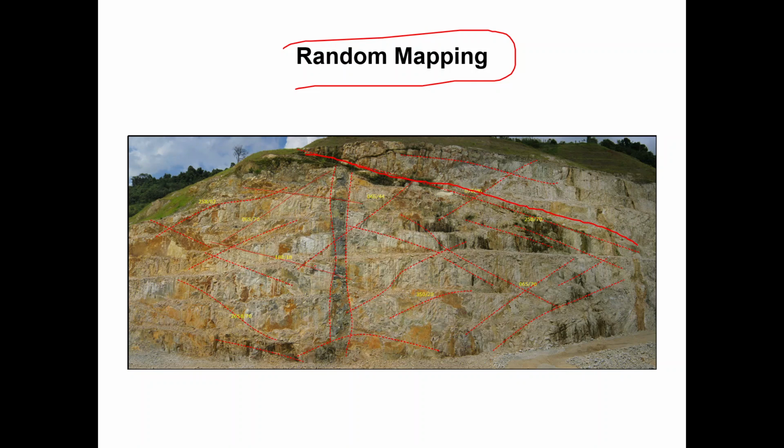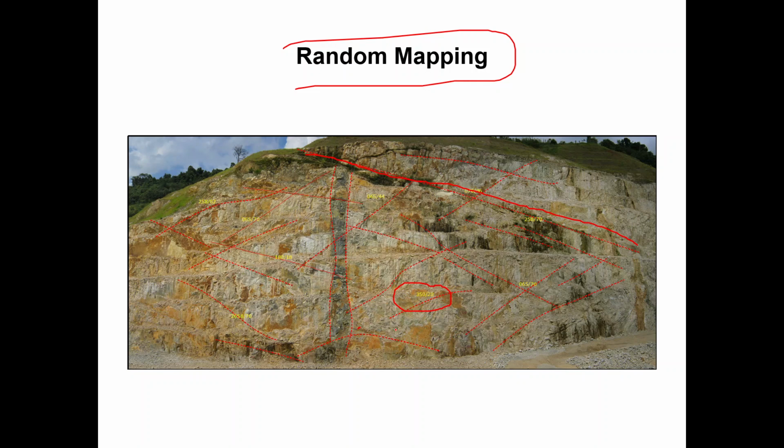For example, any possibility of a discontinuity failing with a mode of planar or wedge failure or toppling failure. Yes, by observation on the site, we are able to predict this mode of failure, but it needs experience.